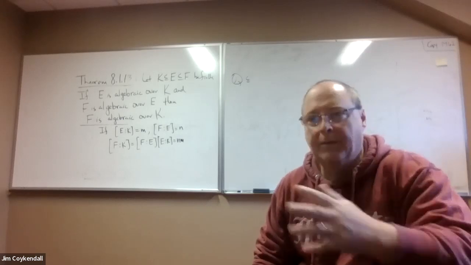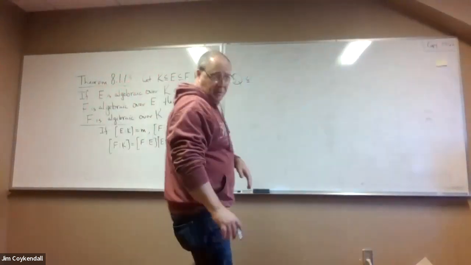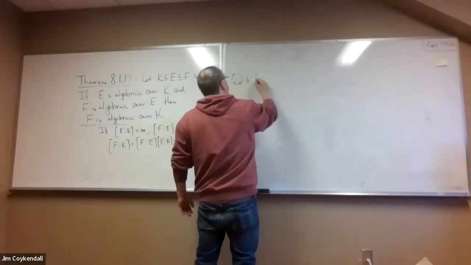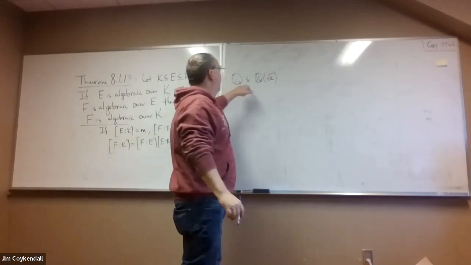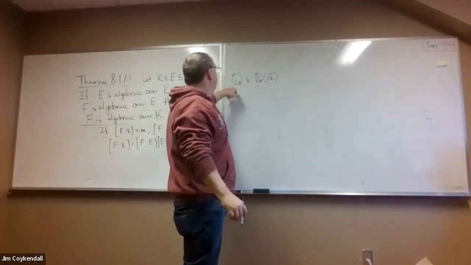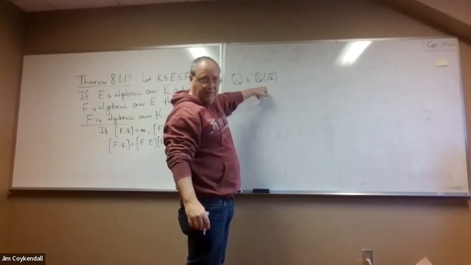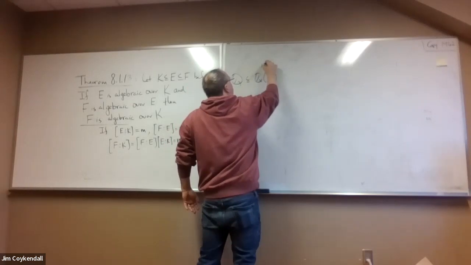So here's a good example to think about. I think it might help you think about big things. This is Q, and this is the smallest field that contains Q and the square root of 2. We've done this construction already in class.